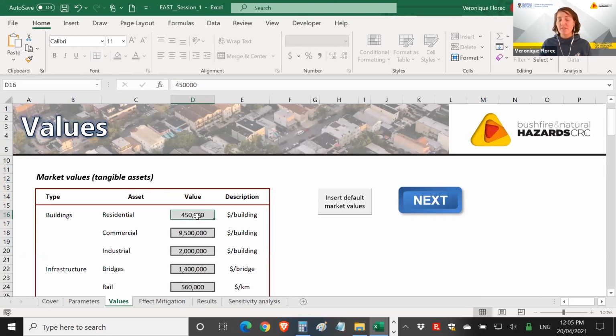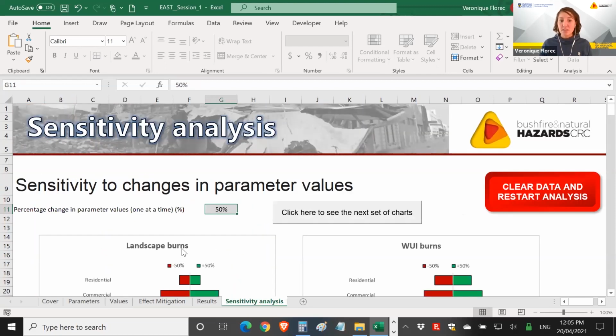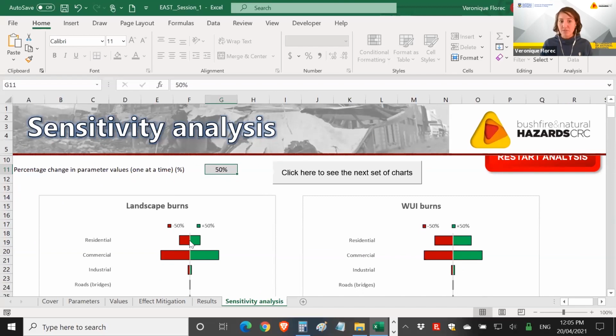So if I reduce this by 50%, reducing it by half, this value here, instead of being 450,000, will be 225,000. So here in red is reducing it by 50%. If I'm increasing it by 50%, it is this bar here in green.